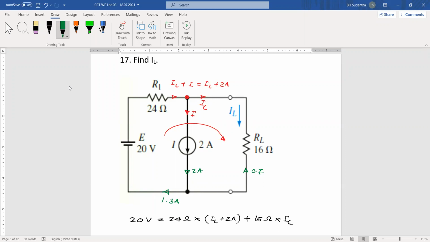The green color values are the ones we know after the calculation. In this case, this 2 ampere current source is a little bit powerful.